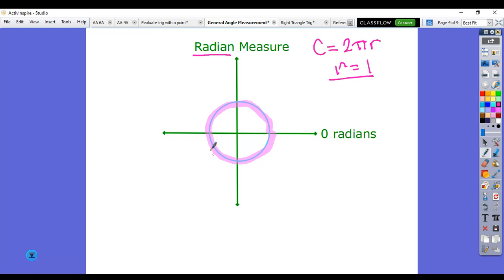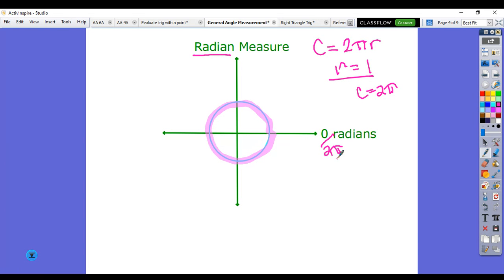So the circumference of this circle in radian measurement, 2 pi times 1 is just 2 pi. So if I start at 0, go all the way around, 2 pi is all the way around in radian measurement.